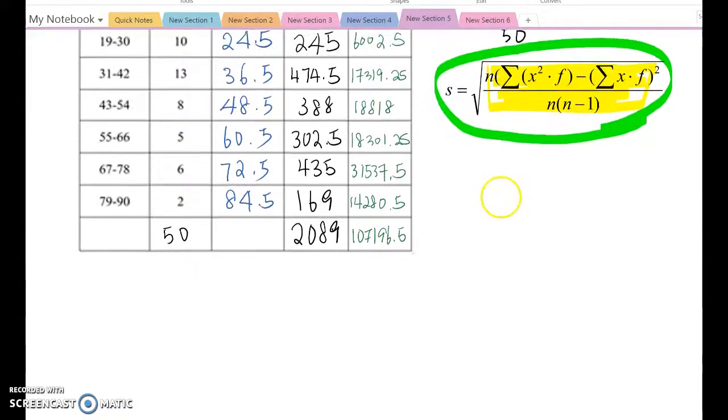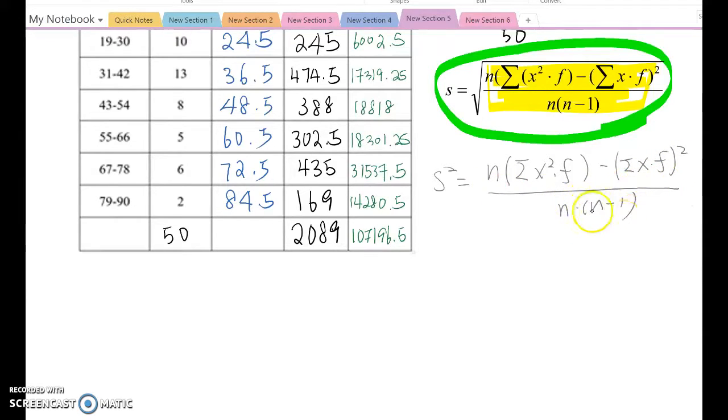So S squared equals n times the sum of x squared times f minus the sum of x times f, squared, over n times n minus 1.